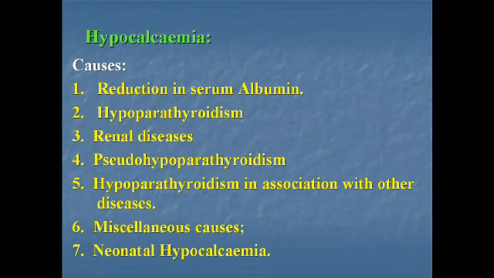Idiopathic may be due to an autoimmune cause, bioinactive parathyroid hormone, and transient hypoparathyroidism of infants. Renal diseases and renal failure: associated with renal tubular dysfunction, associated with acute tubular necrosis, and associated with chronic renal failure.